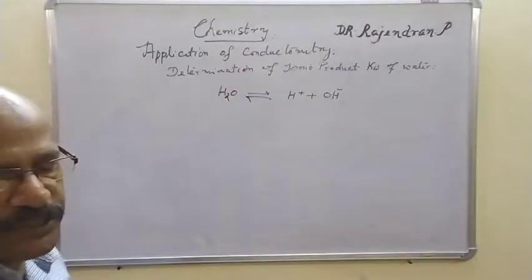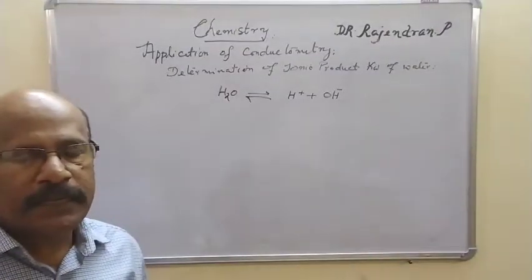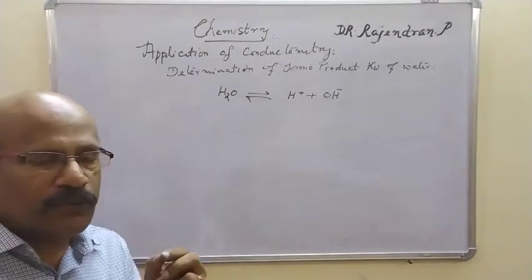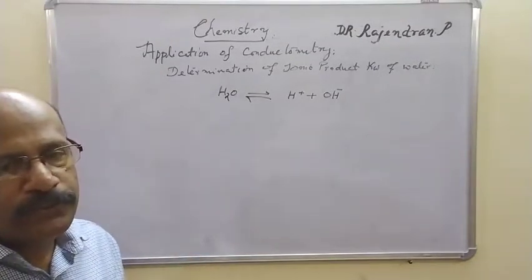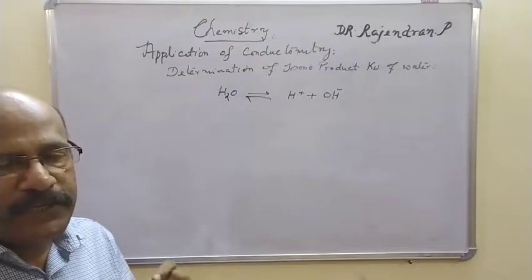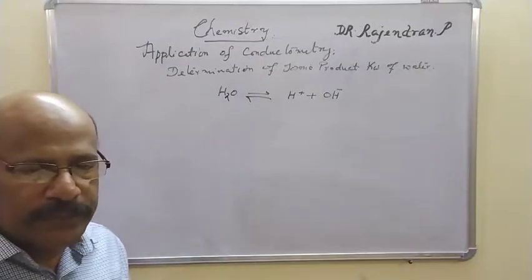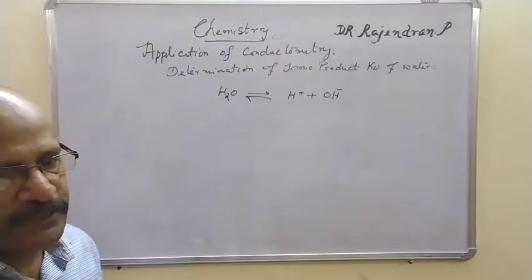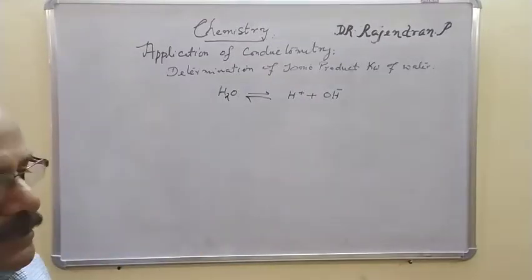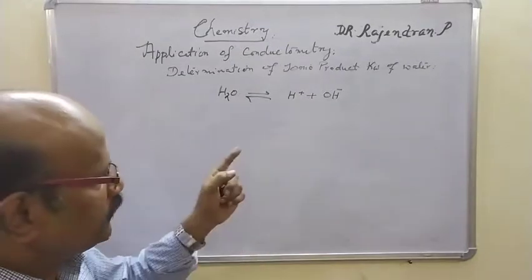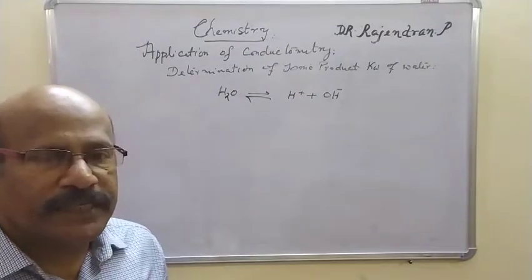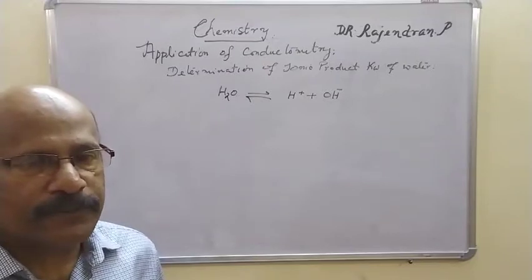The extent of dissociation is so small that out of 5,000 parts of water molecule, only 1 part of H2O is undergoing dissociation, so the solution is extremely dilute with respect to the concentration of H plus and OH minus ion.